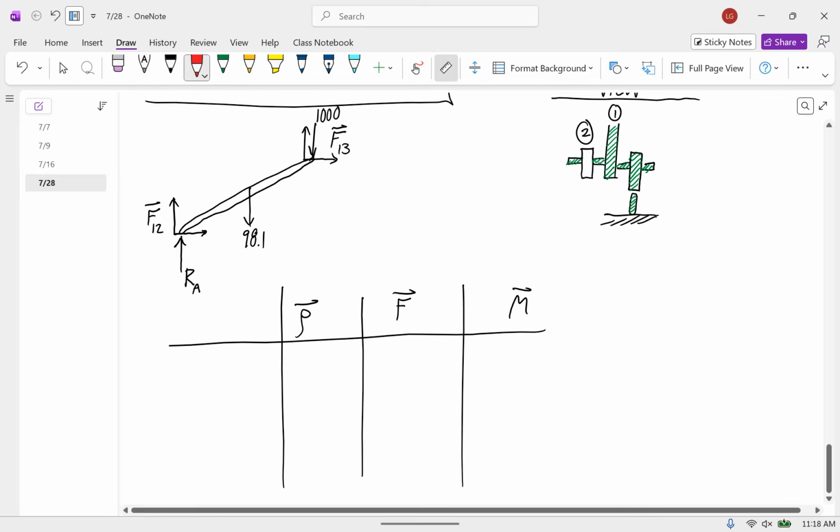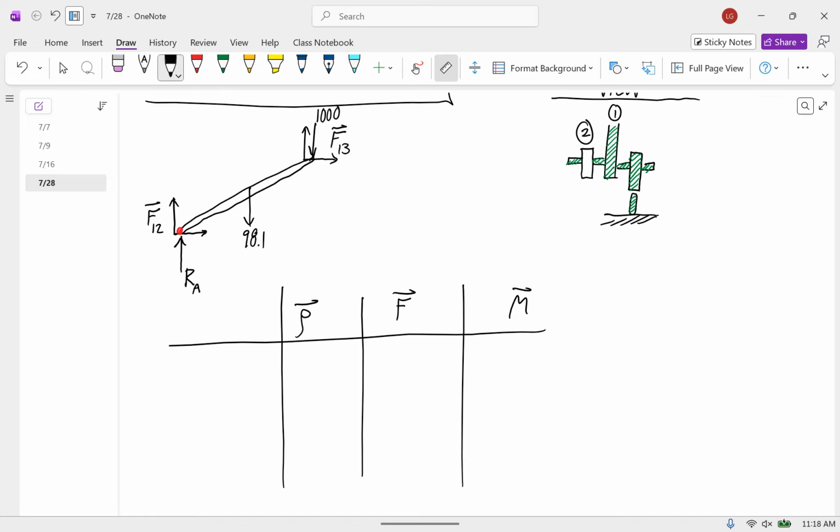I'm going to put my about point down here at the lower left. And I'll start with RA. That's a scalar, not a vector. We know the direction of that. The row vector is 0. The force vector is 0, RA. Cross product is 0.